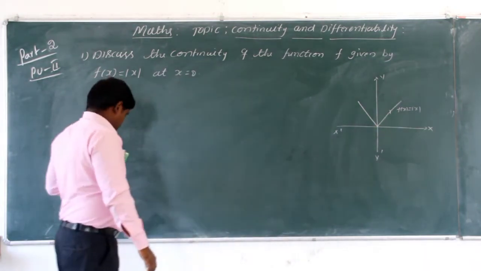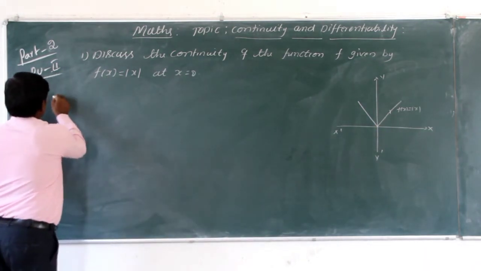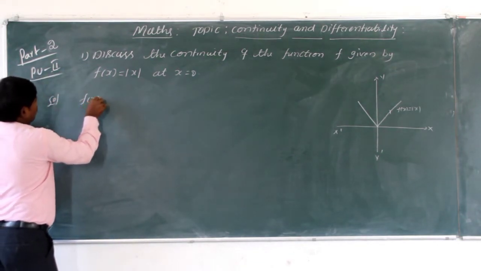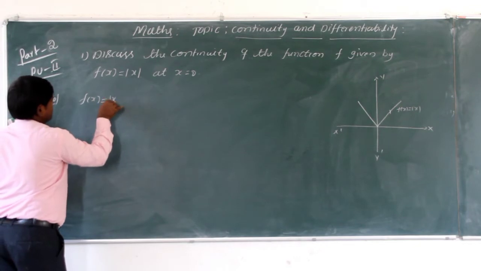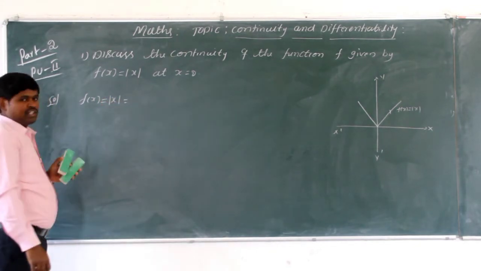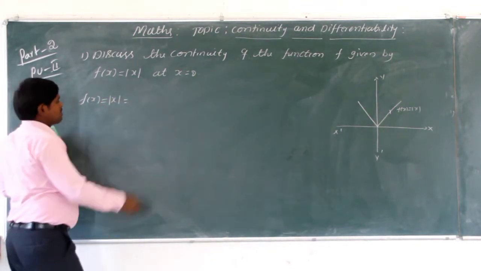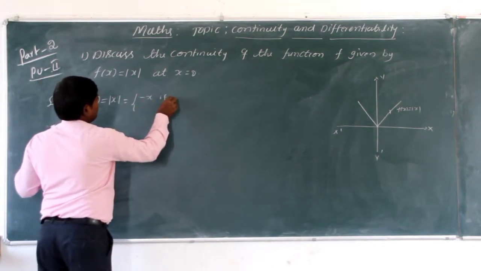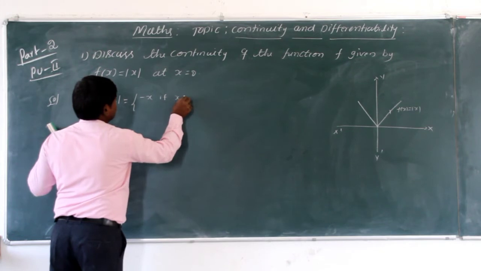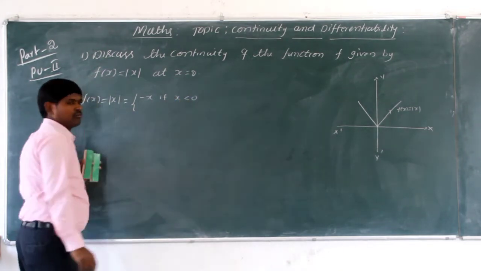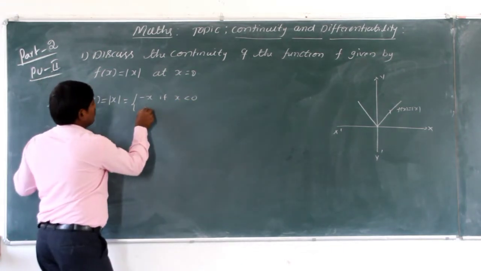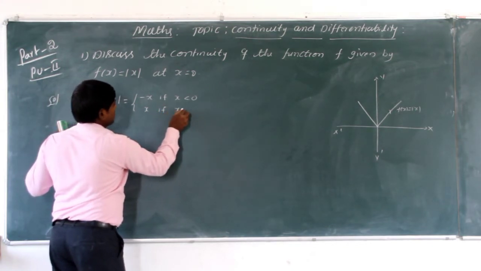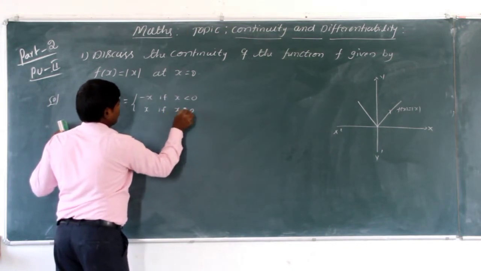See the solution. The given function is f of x is equal to mod x. By the definition of the modulus function, it is minus x if x is less than 0, and x if x is greater than or equal to 0.